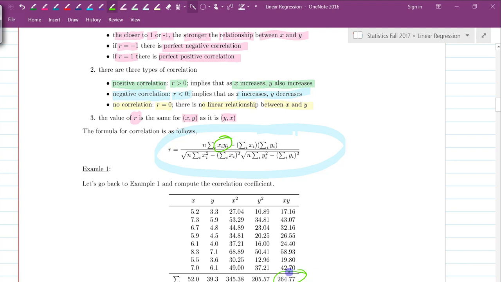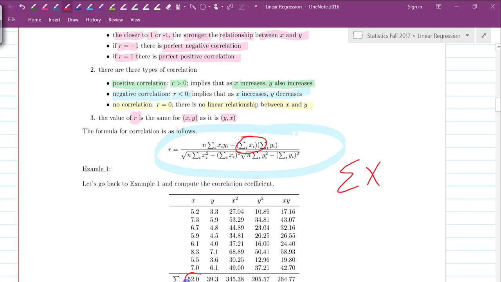Okay, so next let's look at the summation of x. The summation of x simply means that I'm going to take every one of my x's and add them together. So what is 5.2 plus 7.3 plus 6.7 plus 5.9 plus 6.1 plus 8.3 plus 5.5 plus 7.0?